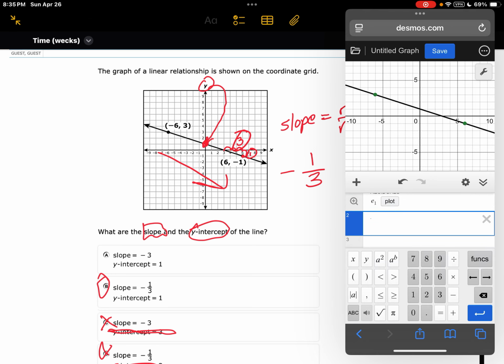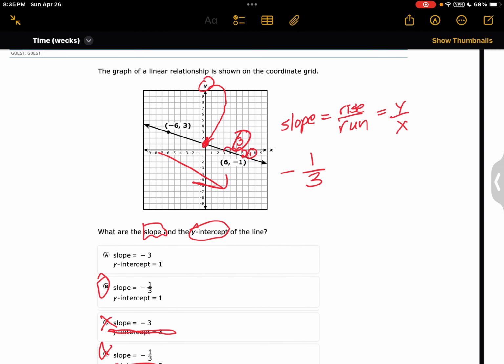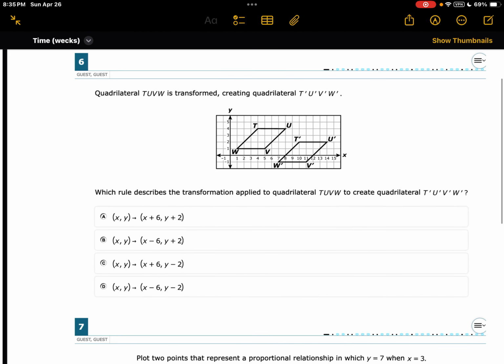And then for the slope, remember the slope is always the one with the letter. If I need to know what that fraction is, I'm going to just type a bunch of repeating 3s until that fraction button comes back. Booyah, there it is. All right, on to the next one.